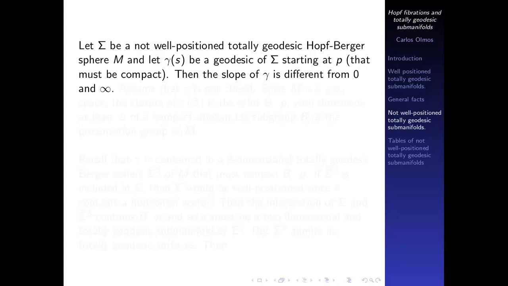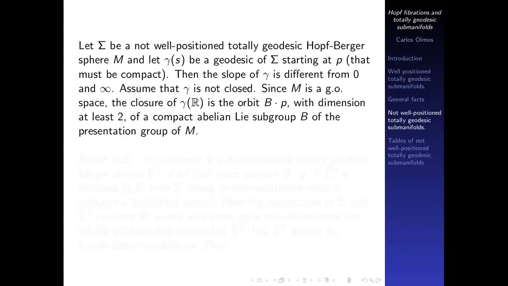So the velocity of the geodesic has both non-trivial vertical and horizontal components. Now assume that gamma is not a closed geodesic.